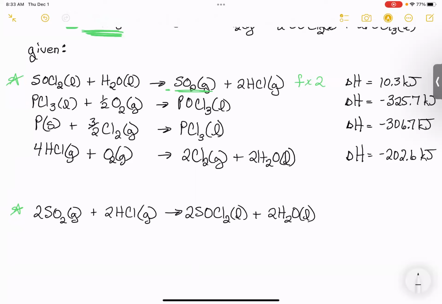Since I flipped the equation, I'm going to change the sign. And because I multiplied it by 2, I need to multiply the enthalpy by 2. So that enthalpy becomes a negative 20.6 kilojoules.